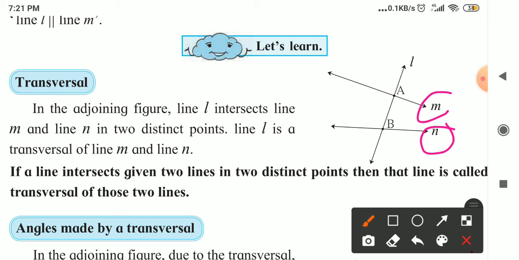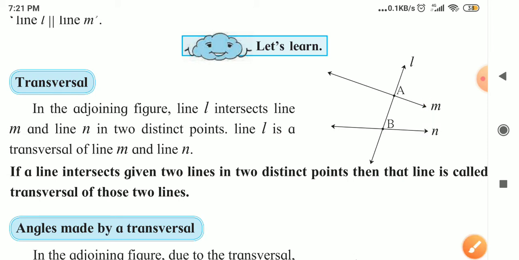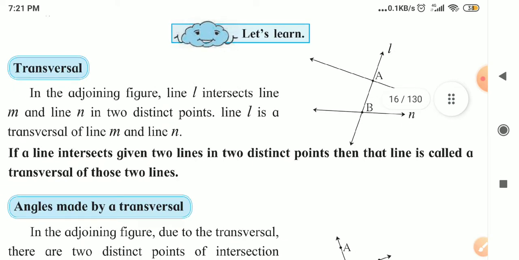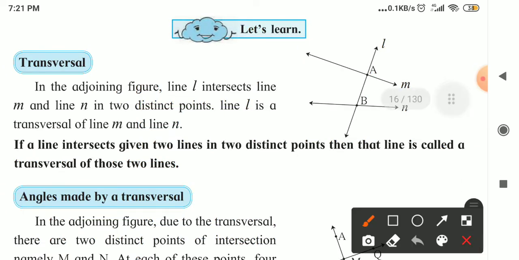Okay, now what is the definition of transversal? If a line intersects two given lines in two distinct points. If you see here, you will notice that L and M, two lines are there, and this another line L intersects M and N at two distinct points, and these points are here A and a point B. Then that line is called a transversal.